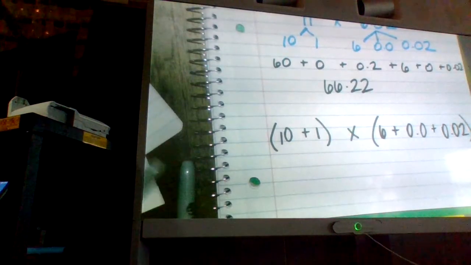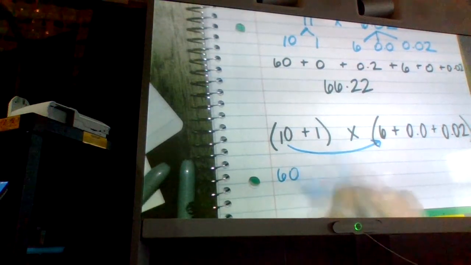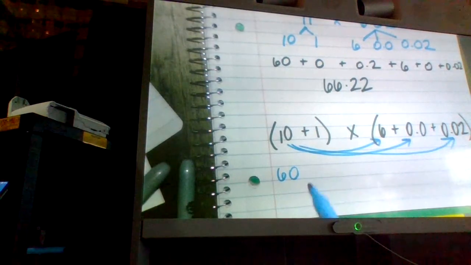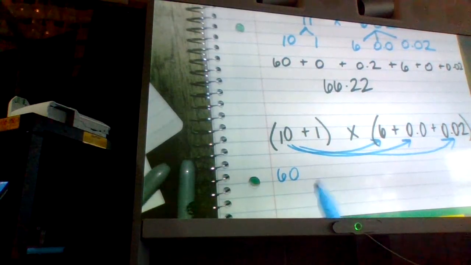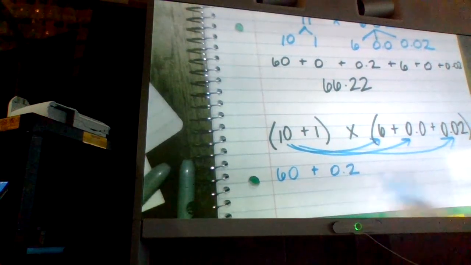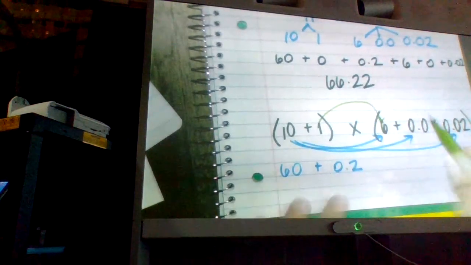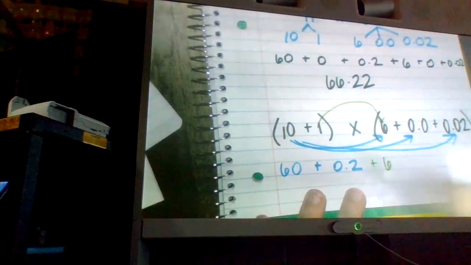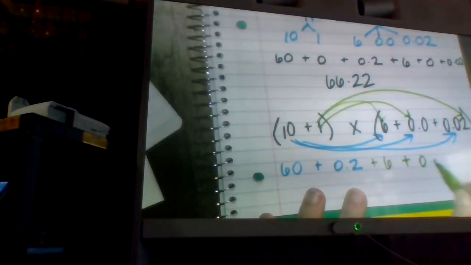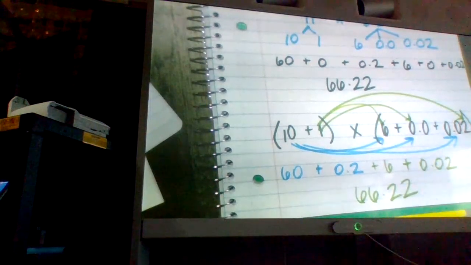So when I multiply, I have 10 times 6, 60. 10 times 0 is 0. 10 times 2/100 is 2/10. And then I'm going to add on my product of 1 times 6, which is 6. 1 times 0, and then 1 times 2/100. When I add it together, 66 and 22/100.